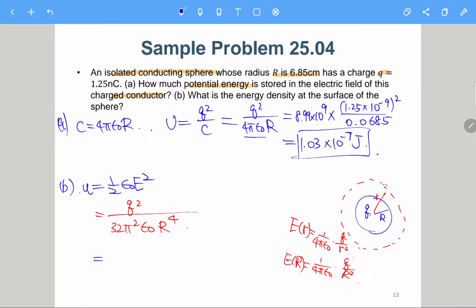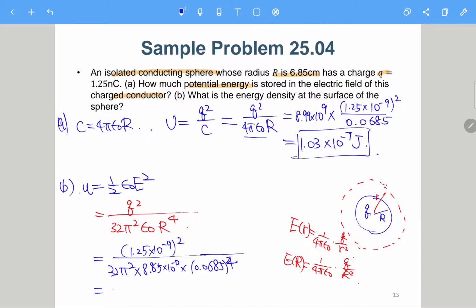all the values here. We have 1.25 times 10 to minus 9 quantity square over 32 pi square times 8.85 times 10 to minus 12 times 0.0685 quantity square, so to the 4th power.